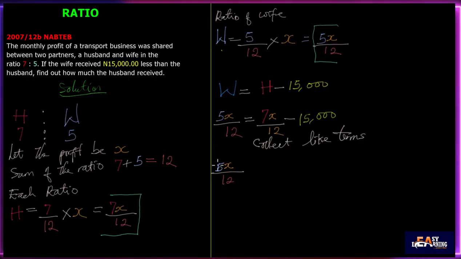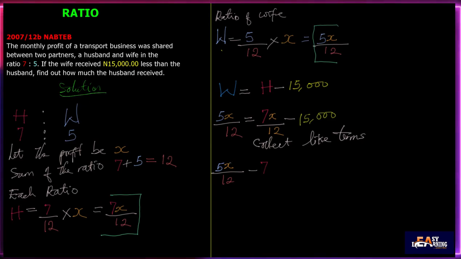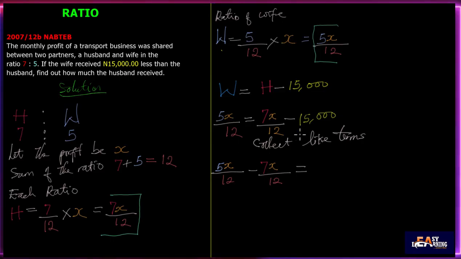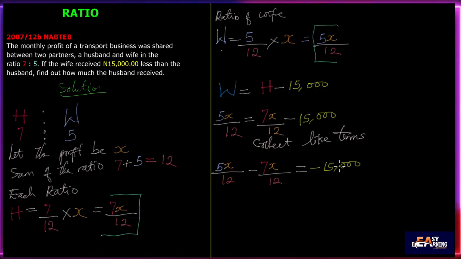So that becomes minus 7x all over 12. Then the equality sign, is equal to, we are left with minus 15,000. All right, so we're making progress.